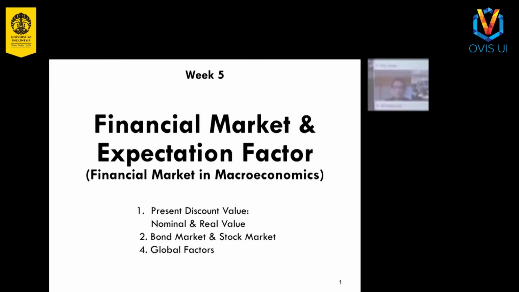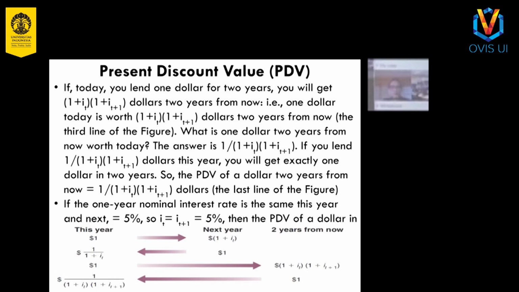So let's start with the first one. Suppose you lend money to other people, okay? Let's say you lend $1, and there's an agreement that you lend this $1 for 2 years, okay?